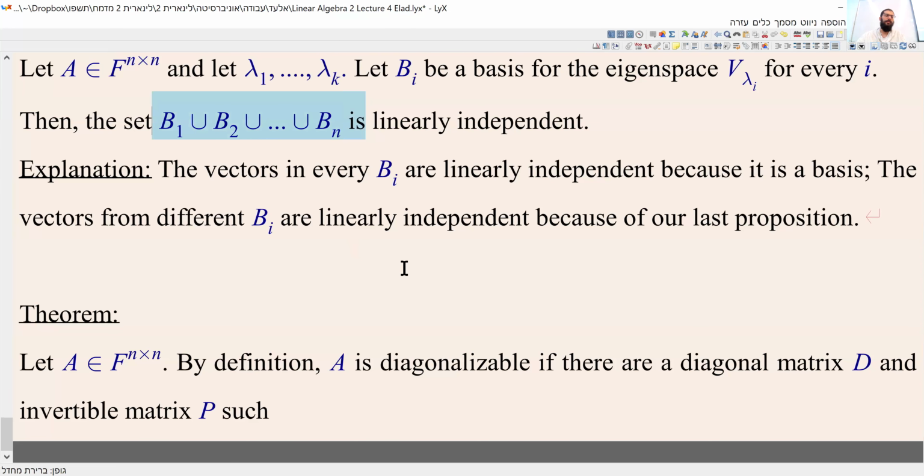No, because we are talking about matrices of finite order, of order n. So there are at most n different eigenvalues, so there are at most n different linearly independent eigenvectors. You cannot have an infinite number of linearly independent eigenvectors.